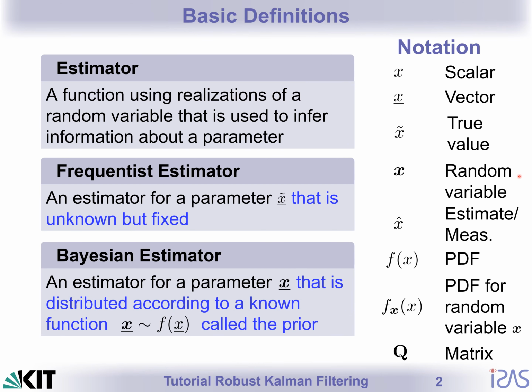For a Bayesian estimator, we have an estimator for a parameter that is distributed according to a known prior that describes how our experiment behaves if we repeat it again and again.